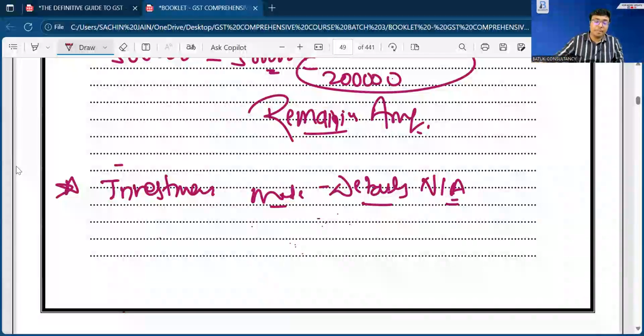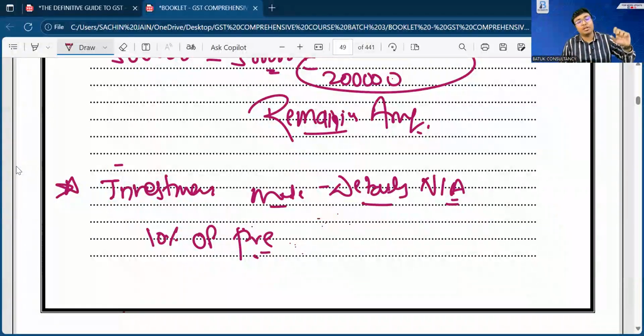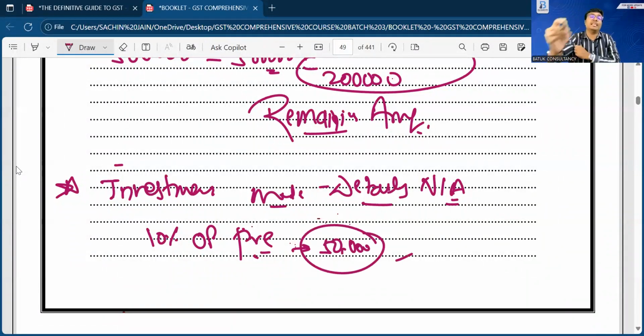In such a scenario, 10% of the premium will be treated as value of supply. Suppose I have paid 5 lakh rupees in one annuity. In such a scenario, 10% of 5 lakh rupees, that is 50,000 rupees, will be treated as value of supply, and that insurance company has to make the payment of GST on that 50,000 rupees.